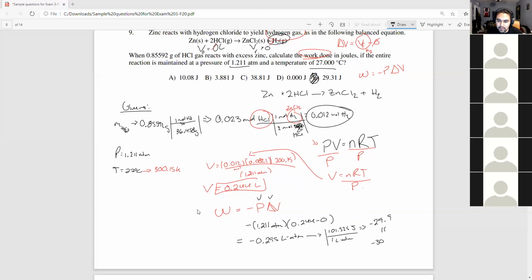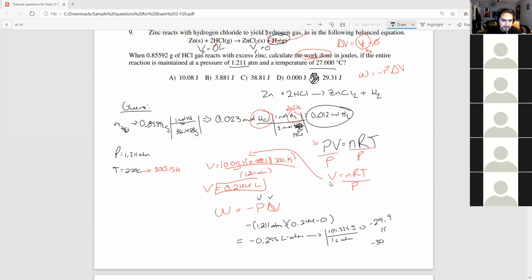Why is he using the volume of HCl? That doesn't make sense. I don't know why he's using the volume of HCl for that one. Paulina, did I do this problem wrong? Let me look at the key, because he uses the volume of HCl. Let me look at what you did.